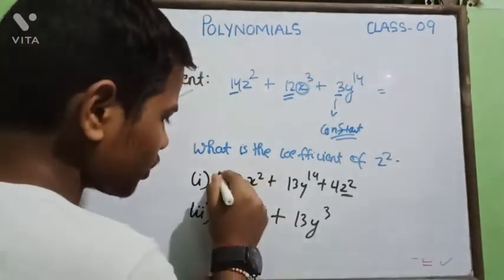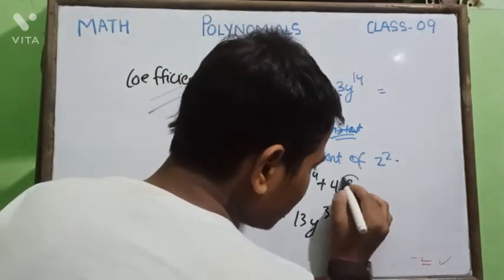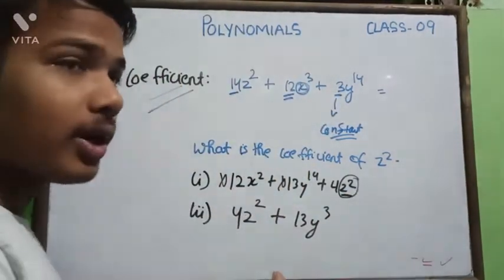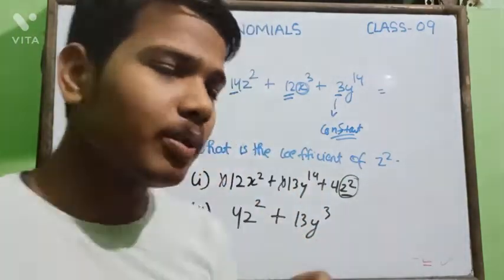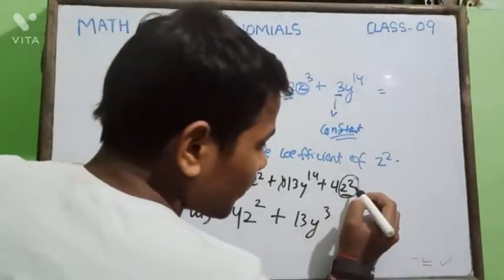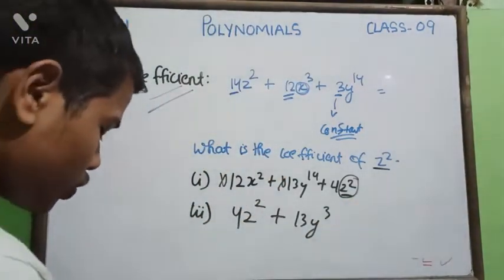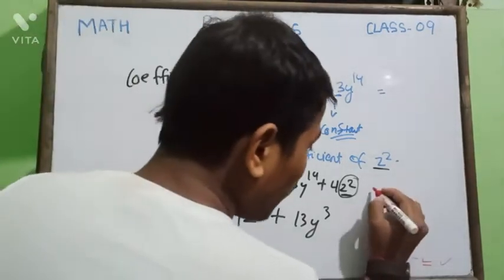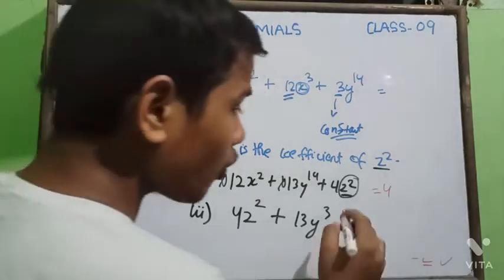Here it is x, so no; here it is y, no; here it is z, which means z². So what I told is that the constant or the number before the given variable is known as its coefficient. It is asking for z², and here it is z². So what will be its coefficient? 4 will be its coefficient.